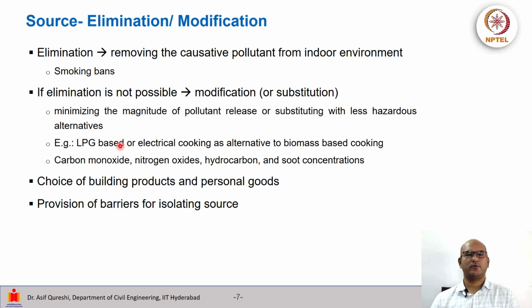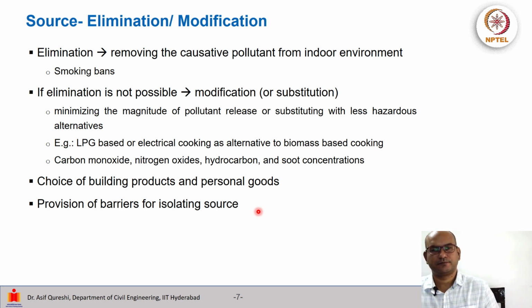An example could be the use of LPG based cooking or electrical cooking as an alternative to biomass based cooking, and this can lead to improvement in air quality in terms of pollution by carbon monoxide, nitrogen oxides, hydrocarbons, soot and other particulate matter. One can use an appropriate choice of building products and personal goods. One can also provide barriers around the source so that the source itself is isolated.